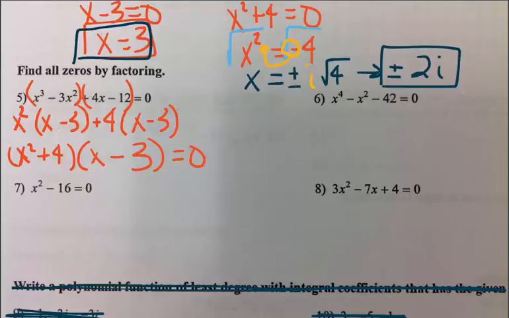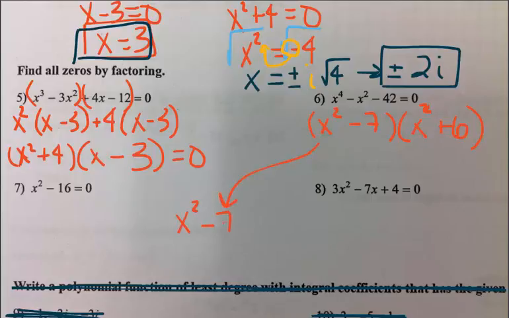Number 6, it has 3 terms, and that number in front is a 1. I'm not going to panic that it's an x to the 4th, because instead of just x and x in my pieces, I'm going to use x squared and x squared. And so if I need 2 numbers that multiply to a negative 42 that add to a negative 1, I would use the 2 numbers negative 7 and positive 6. If I need to set these equal to 0 and solve, follow me down here.